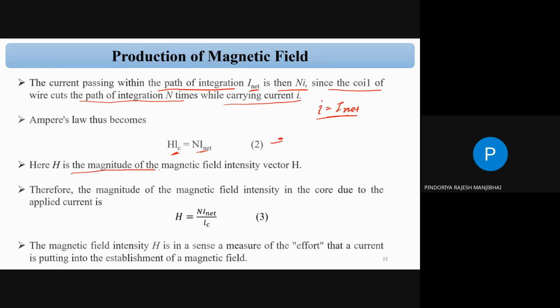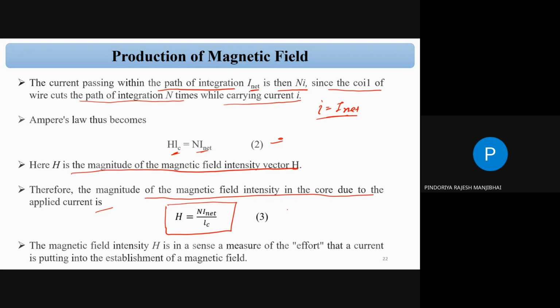Here H is the magnitude of the magnetic field intensity vector H. So it is a vector quantity, that is, it has magnitude as well as direction. Therefore, the magnitude of the magnetic field intensity in the core due to the applied current i is H equal to N I net divided by lc.